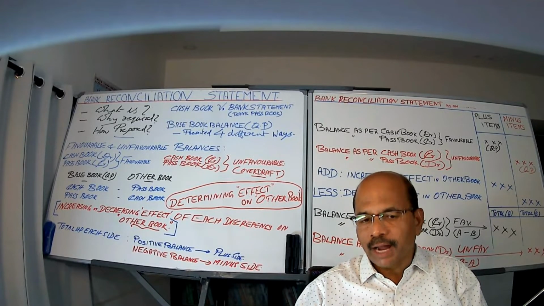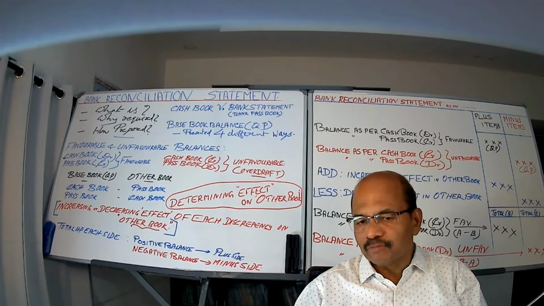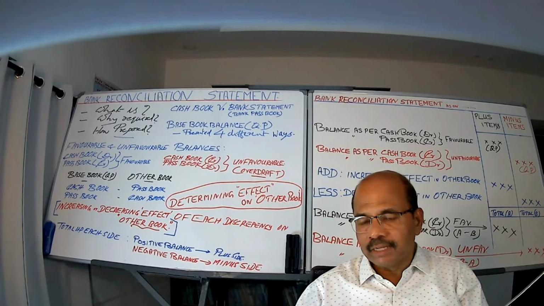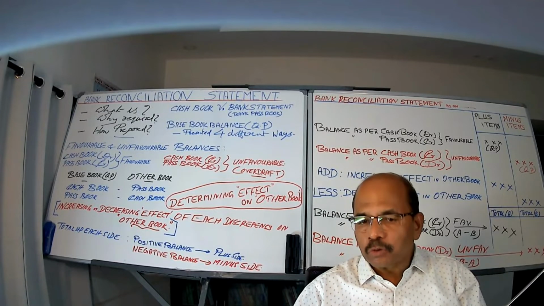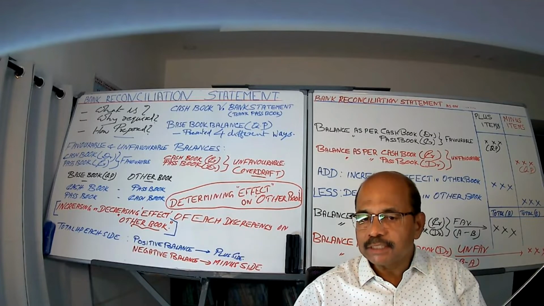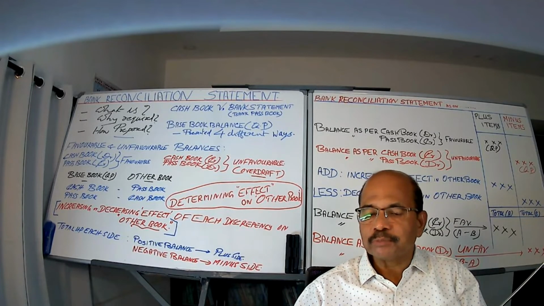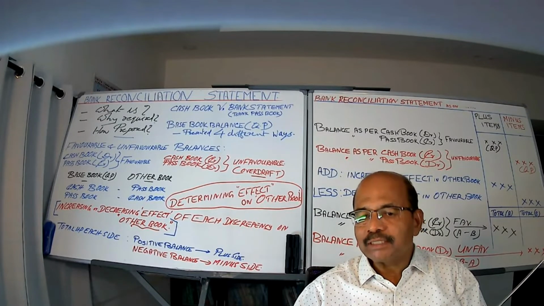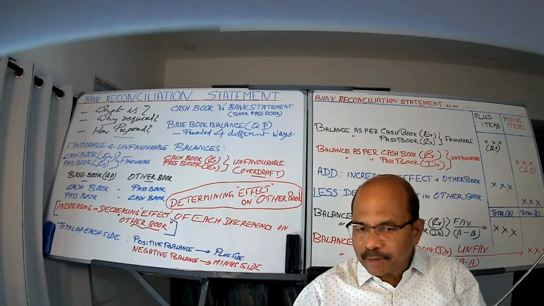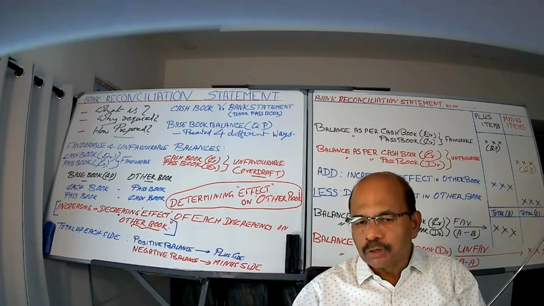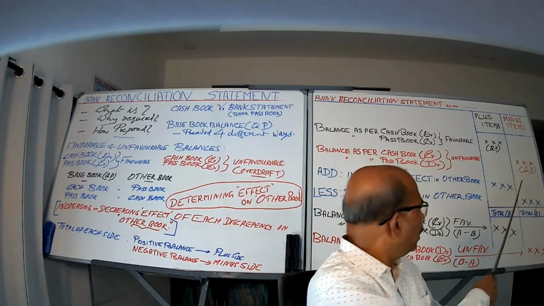The other book is the concerned book for determining the increasing or decreasing effect. What is my other book here? Pass book. Pass book balance is 1 lakh, whereas cash book balance is 1,25,000. So in the pass book, the effect is decreasing. Why? As compared to the base book, the other book balance is down. So I will show the amount on the minus side.